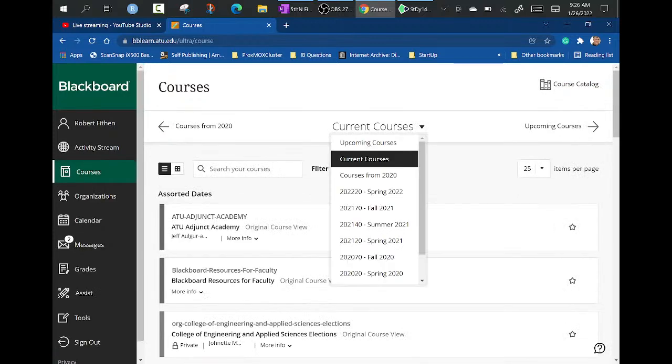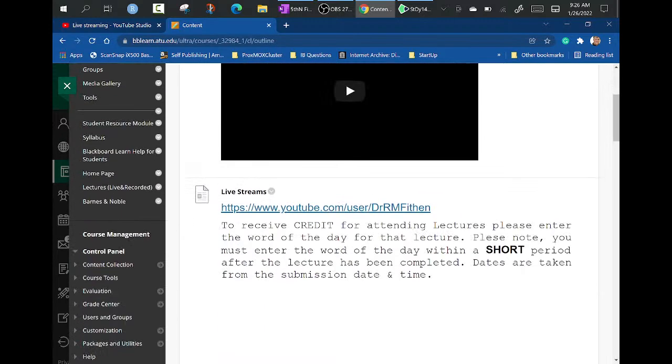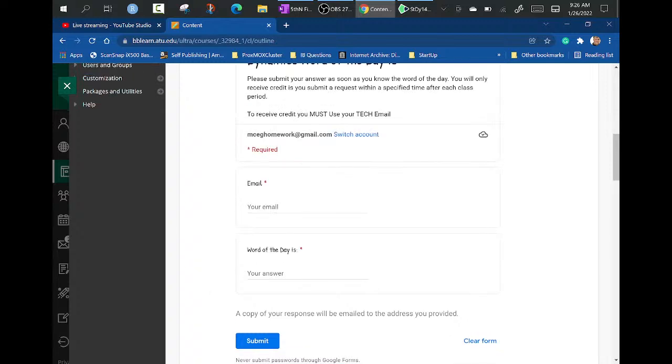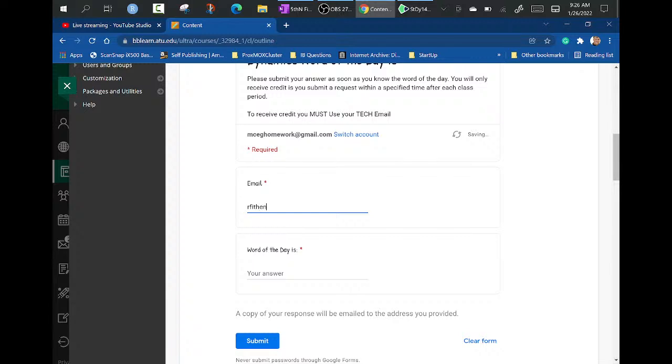Okay, I'm in the spring. I do not remember, honestly, which week it was. Oh, word of the day. How about, okay, here. Oh, okay. I don't know, I just saw my hat on the table. So there.